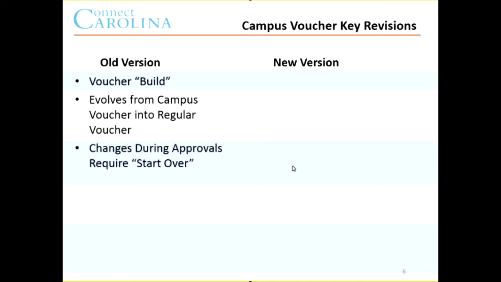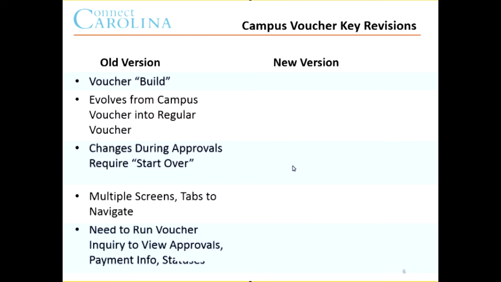The old version had limited ability, actually no ability, to change the actual campus voucher once it was in the approval process. It required a start over. There were multiple screens and tabs to navigate. And you remember we had to use a transaction, the voucher inquiry, in order to see what was actually inside a voucher. We didn't have access to the core transaction.